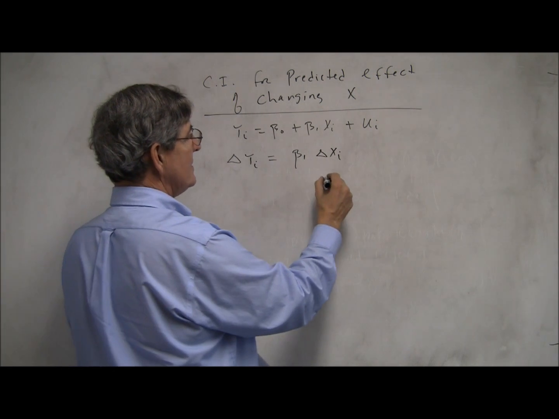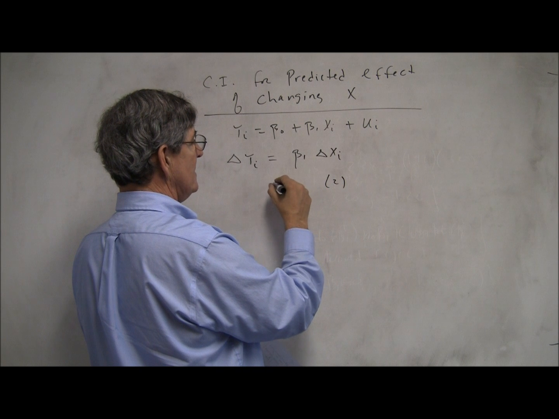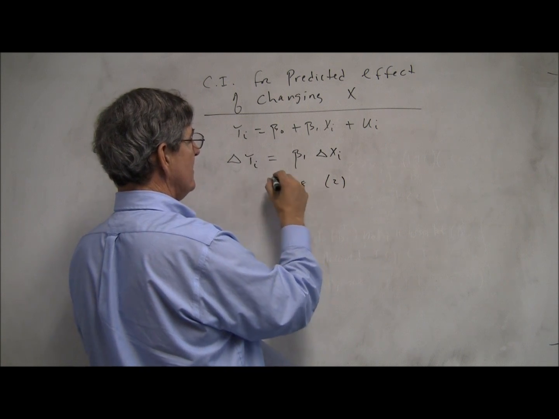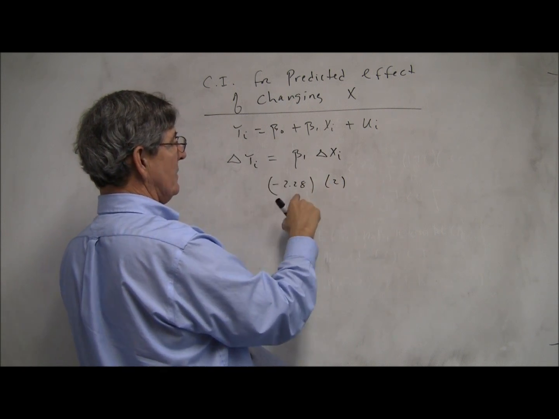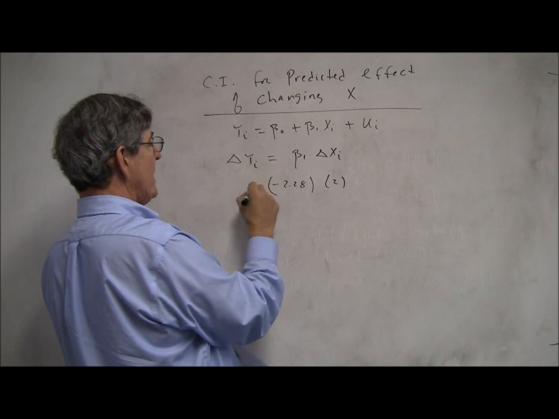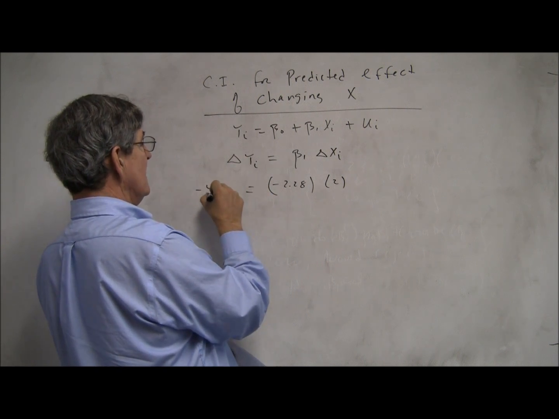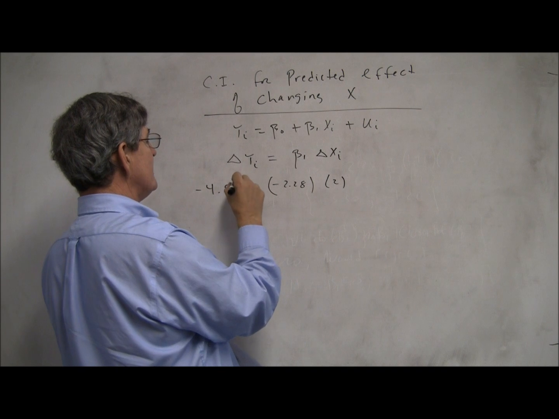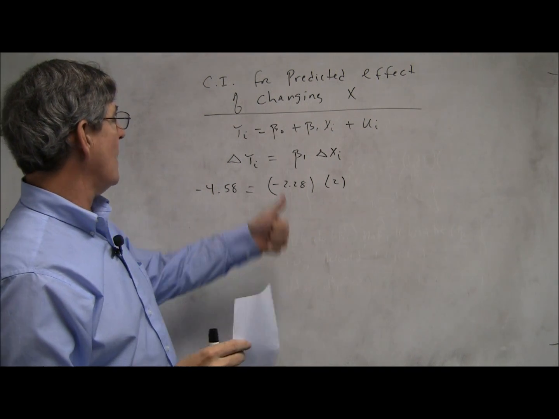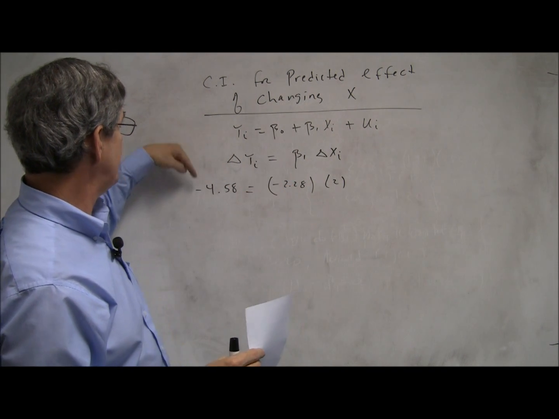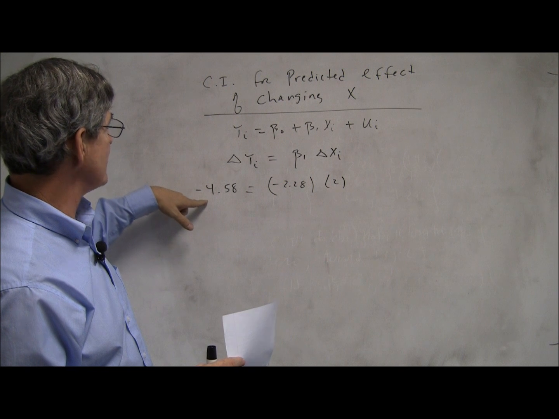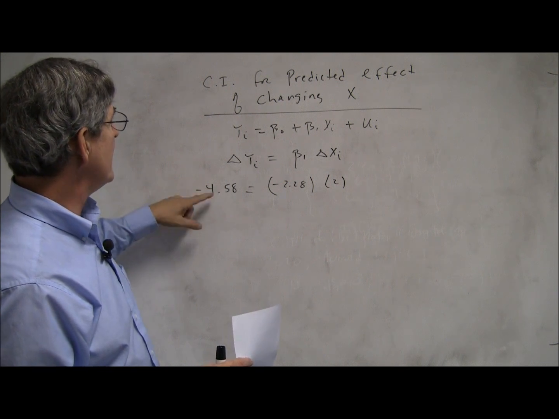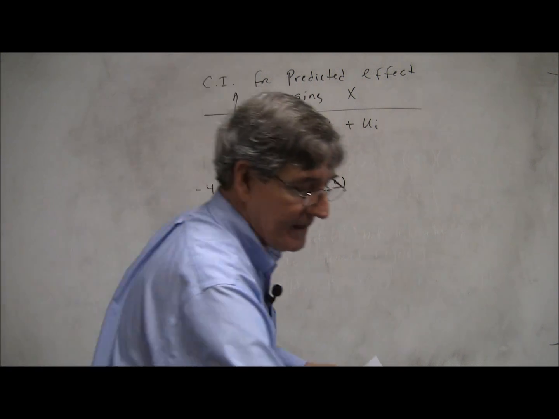We did that earlier. We multiply by the coefficient. The predicted change in y would be minus 4.58. We would expect, if class sizes go up by 2, test scores to go down by 4.58. We can put a confidence interval around this.